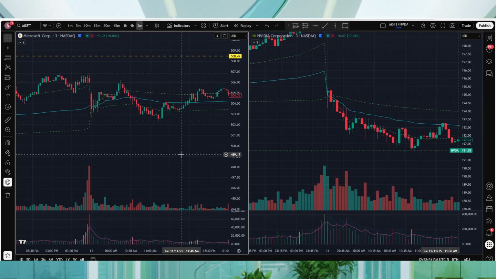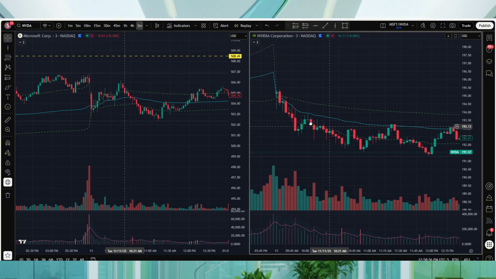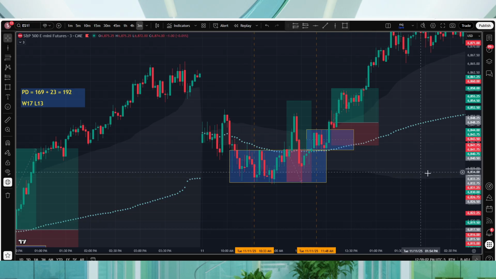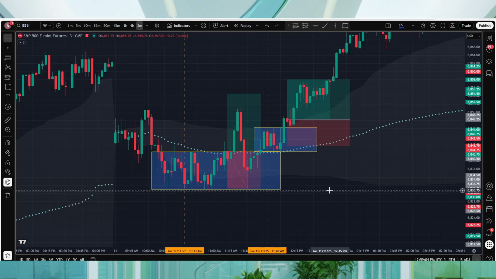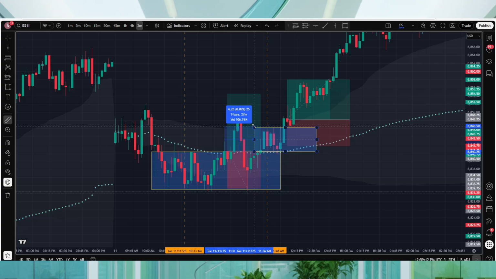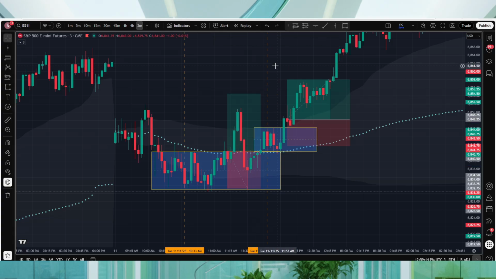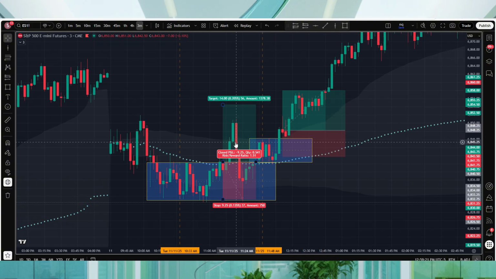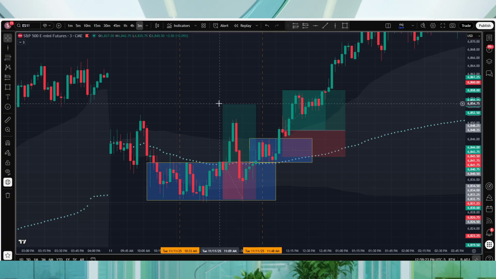So 11:48 would be our next entry. All right, so 11:48. We get another entry, another good close above that entry, 6-point stop. We'll do 6.5 and yeah. All right, so 9 and 10.